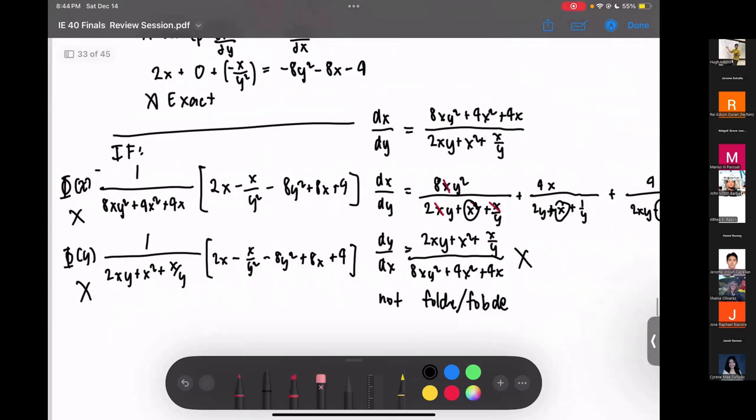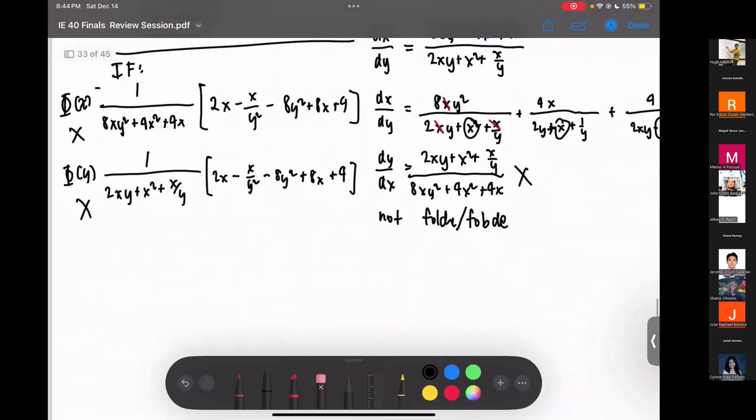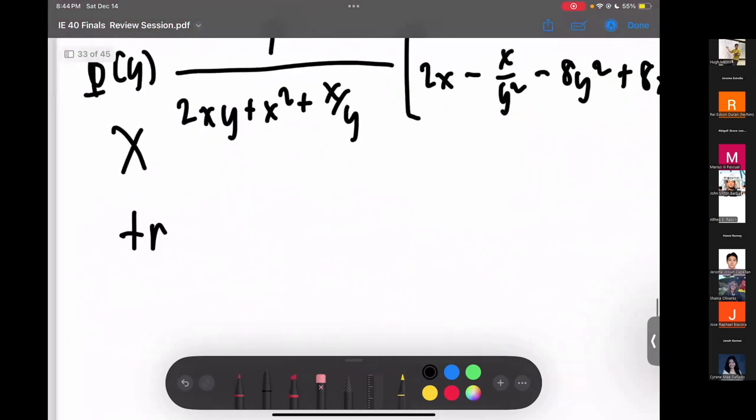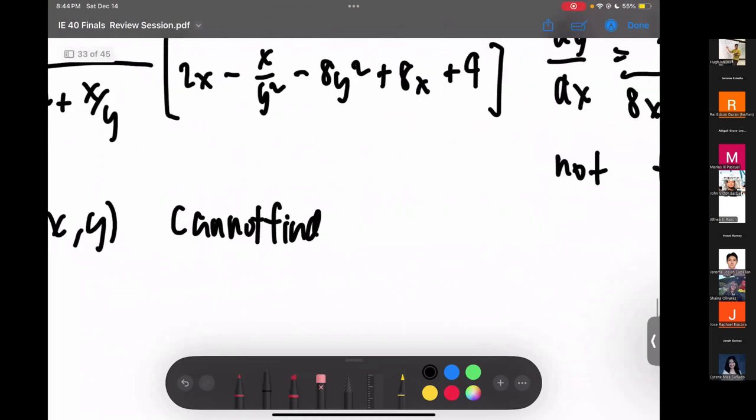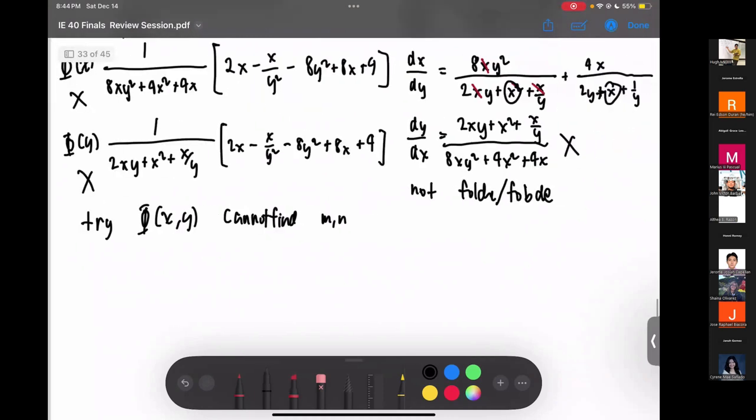So if you try x and y, you should not be able to find an m and n. So therefore, the final answer is there is no method, which is really weird because you're asking which method.